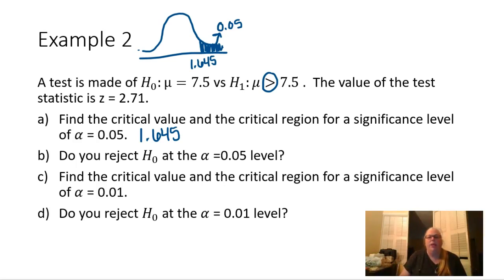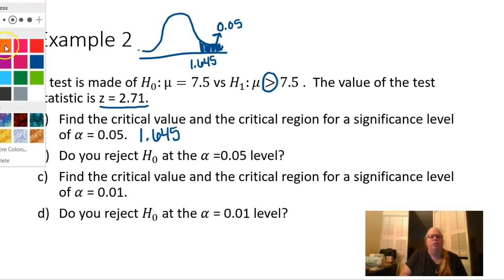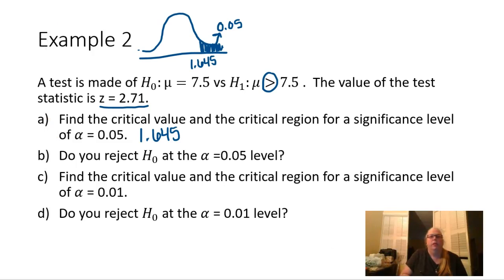For part B, are we going to reject the null hypothesis? Well, that depends. Where is the test statistic located? In my picture, 2.71, is it over here in the white region? Is it less than 1.645? Or is it over here in the blue shaded region? Is it more than 1.645?